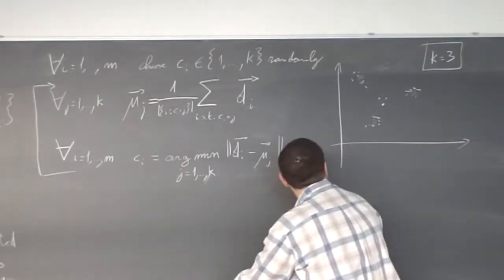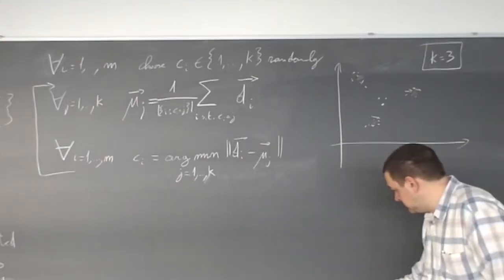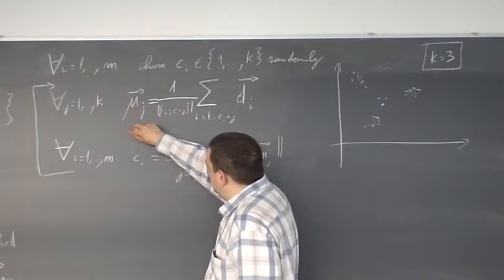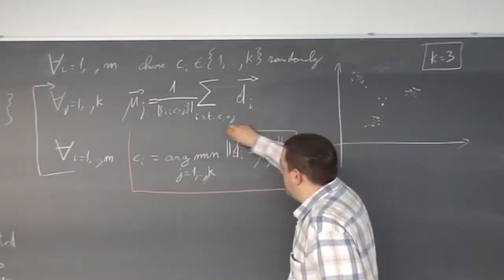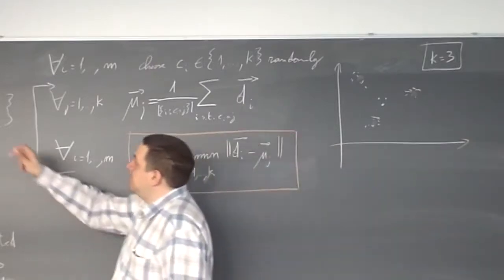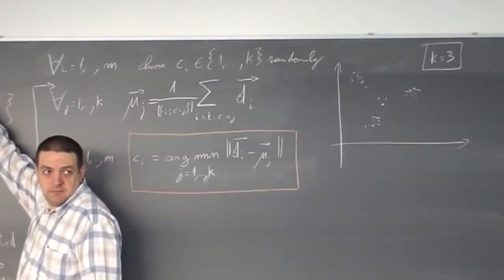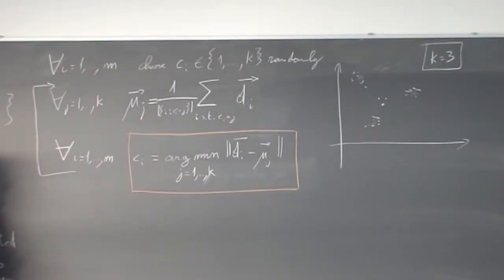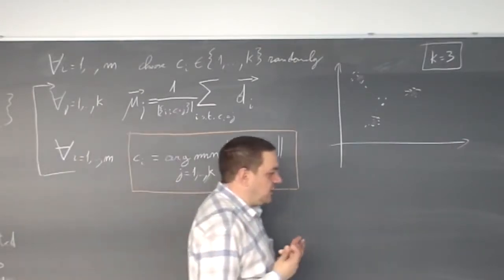Let me keep this going. You see, this formula is actually a formula that somehow partitions the Rn space into domains that can be identified as the sets that belong to each of the representatives.